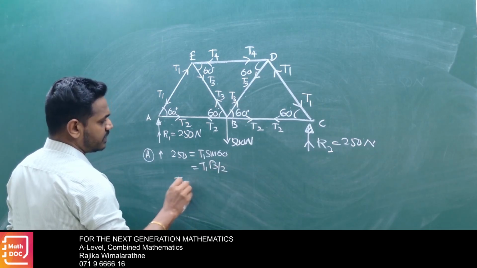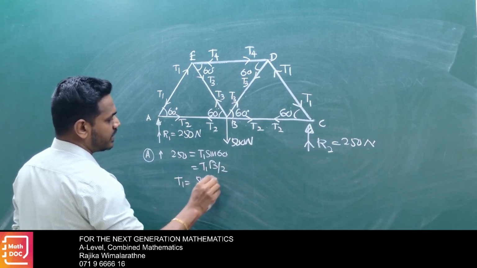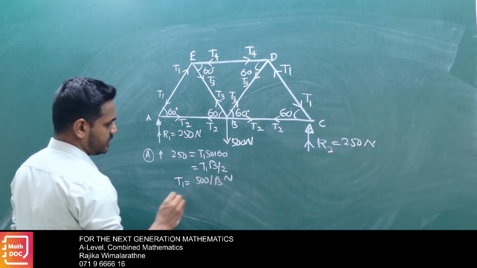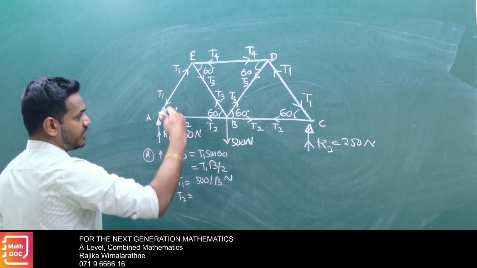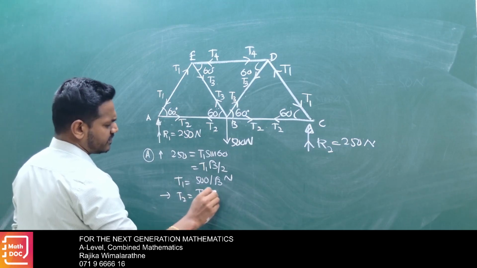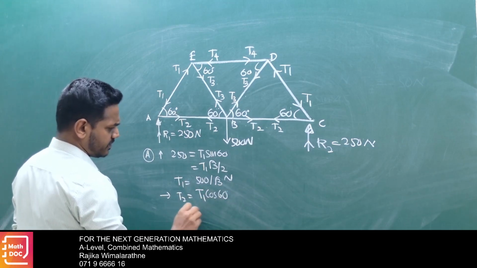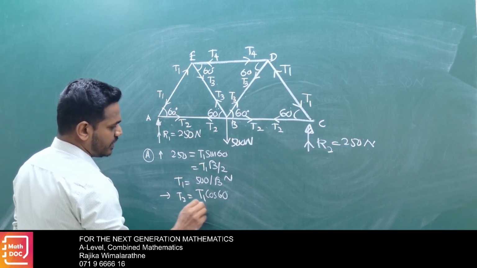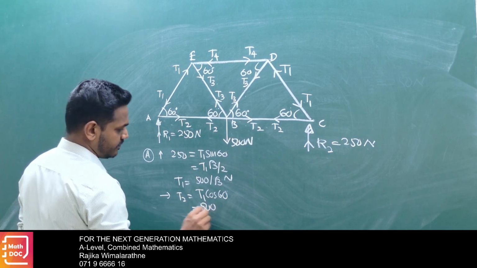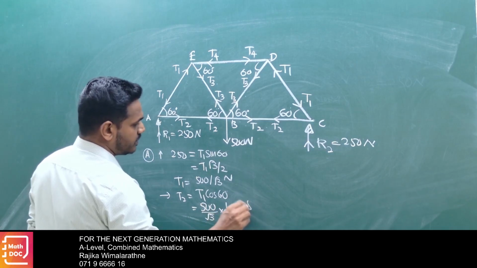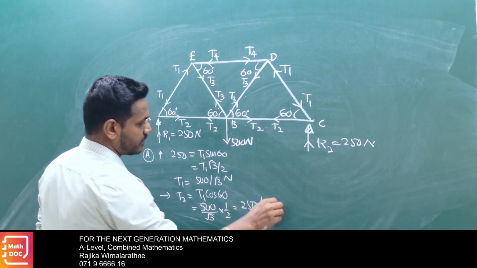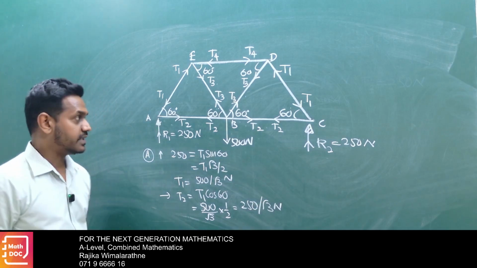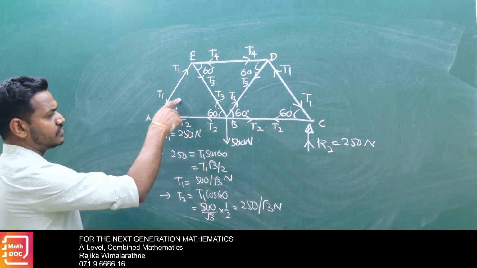Then T1 equals 500 over root 3 newtons. Then resolve horizontally, T2 equals T1 cos 60, 500 over root 3 times half, 250 over root 3. Those two okay.